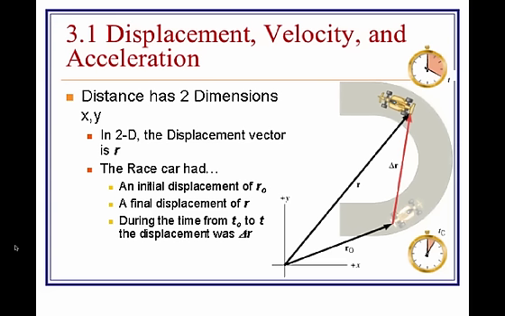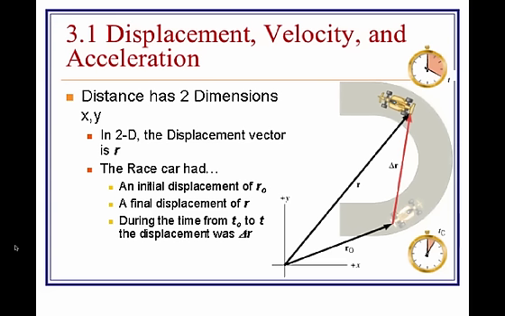This also has both an x and y component. In order to find the displacement vector for this little race car that travels around the circle, delta r, all we need to do is through vector subtraction, or you could look at it as vector addition, either way, find the x and y values for delta r.